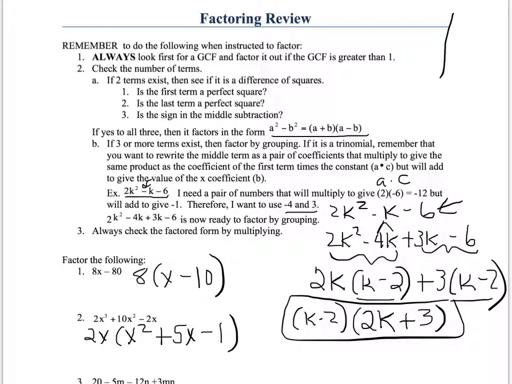I might need to consider that this could continue to factor using the AC method, but if I do a quick check, my A times my C is 1 times negative 1. Is there a pair of numbers that multiplies to give me negative 1 but adds to give me 5? No, that's impossible. So at that point, I would say I am done.